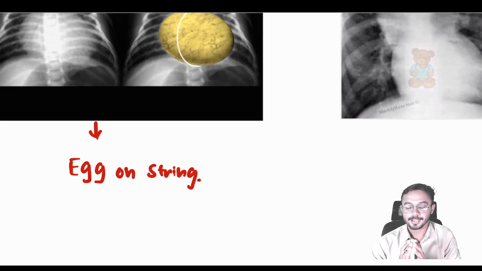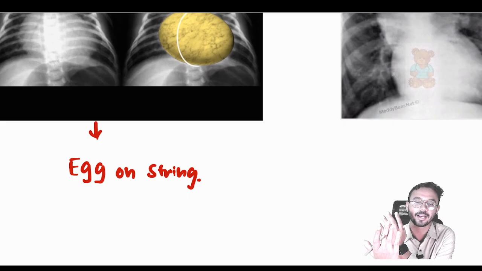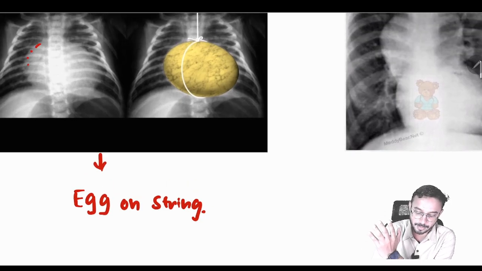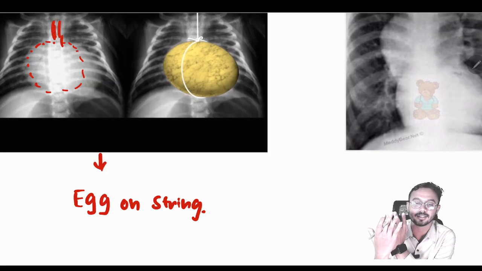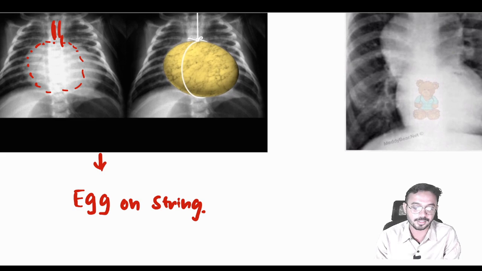The aorta comes to the front and the pulmonary artery lies behind it, so they are parallel. It looks like an egg, and the narrow vascular pedicle looks like a thread hanging from the egg. That is egg on string, which you will find in TGA, transposition of great arteries.